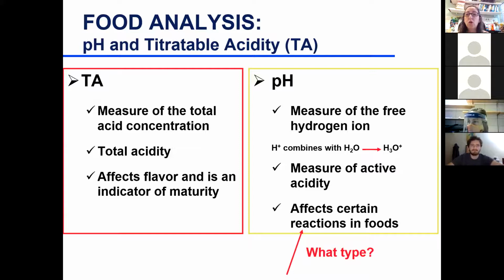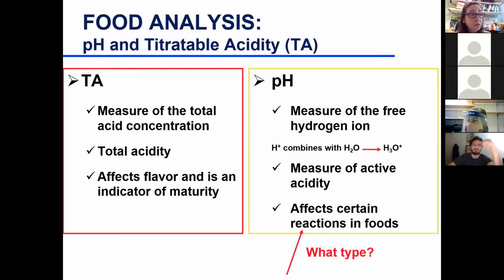There's no longer resistance to a change in pH because all of your carboxyl groups gave up their hydrogen. Then you do an equilibrium equation and you get titratable acidity. So it's the total acid concentration. You continue titration until no more carboxyl groups have protons to give.